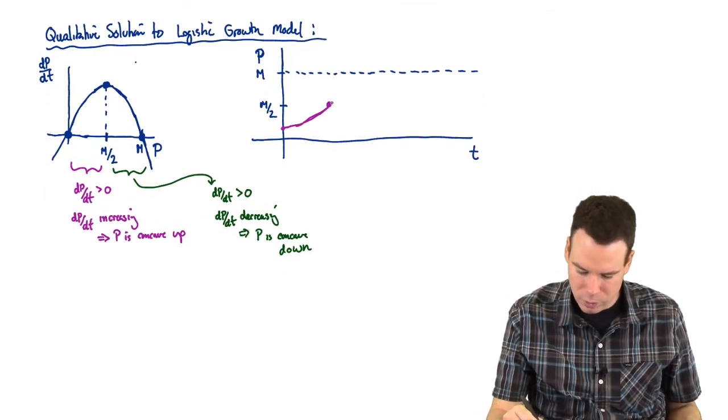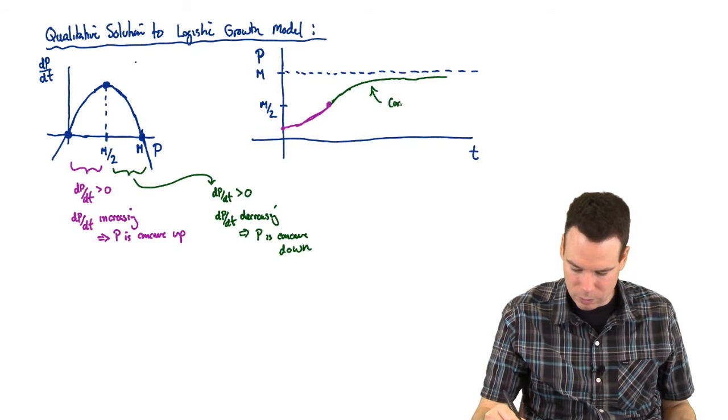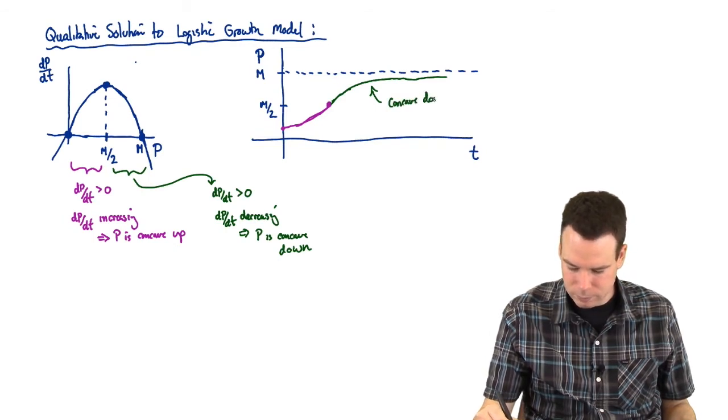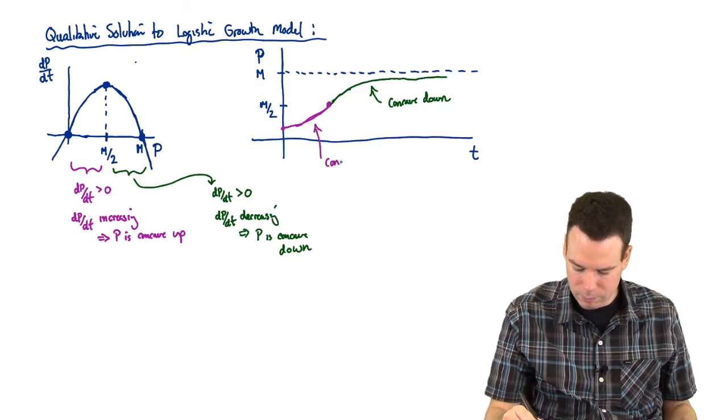So it's going to switch here, still increasing, but it's going to be concave down. So this is concave down. This is concave up.